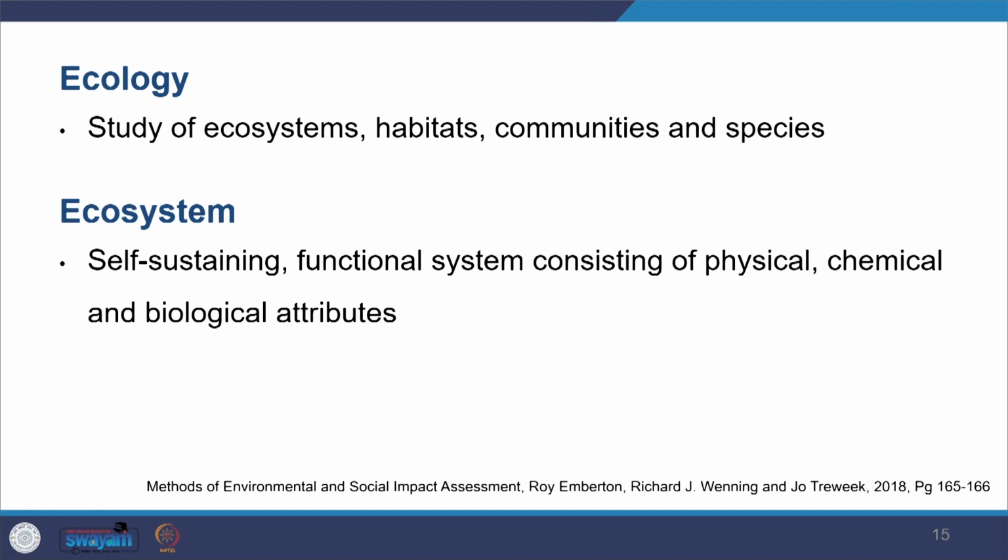An ecosystem is said to be self-sustaining, a functional system where, with the interaction and all the relationships, it exists on its own, and it has all the dimensions, physical, chemical and biological qualities. That is what ecology study is about.